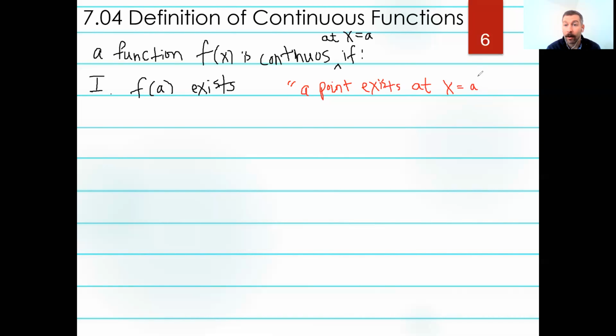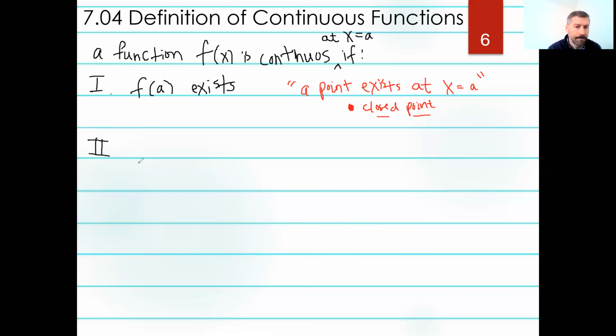And if you wanted to think about what that would look like, we need at least a closed circle, a filled in point. I don't know if closed point is a real math definition, sorry if it's not. If there is nothing there, then our graph would not be continuous.